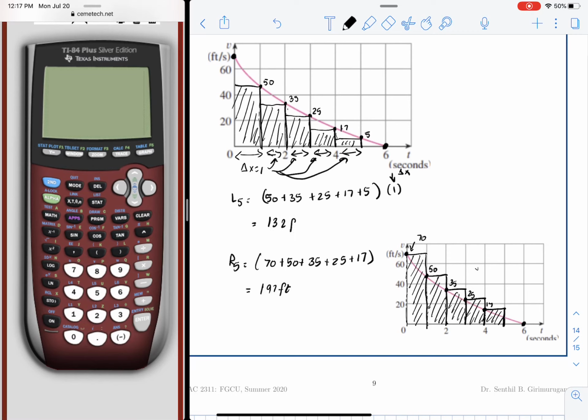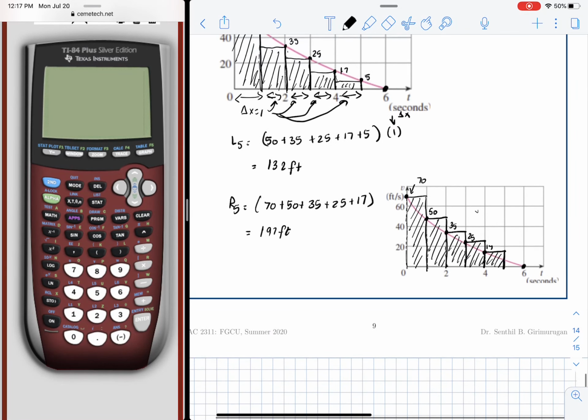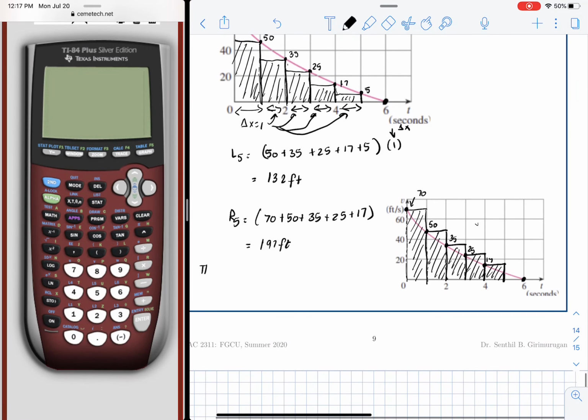That's not 142. So the distance traveled is between 132 feet and 197 feet.